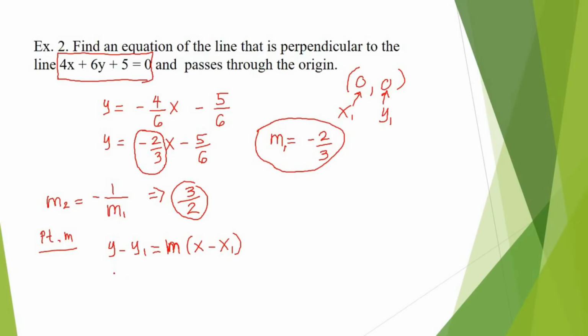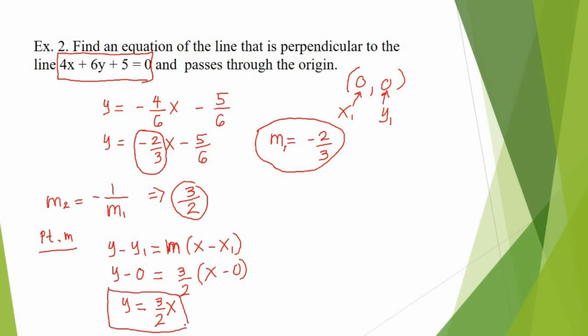So we substitute the values. We have y minus 0 is equal to 3/2 times x minus 0. And our final equation is y is equal to 3/2 x.